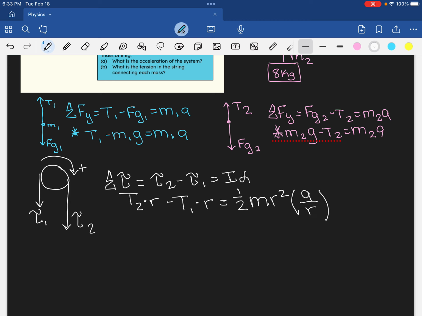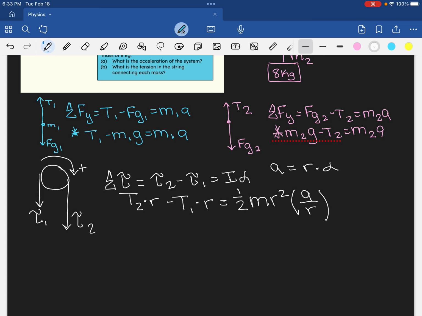We know that the linear acceleration is equal to r times alpha. I want to get that into my linear form, because we're going to see that my linear acceleration is the one thing that's going to connect all three portions of this problem.